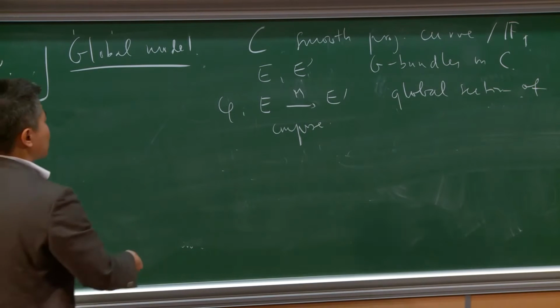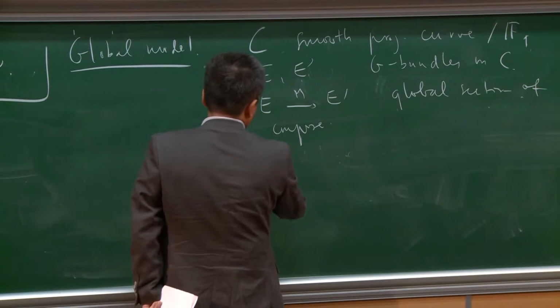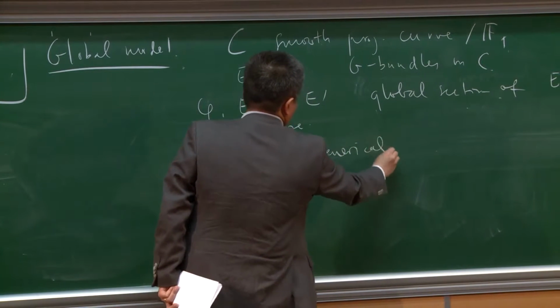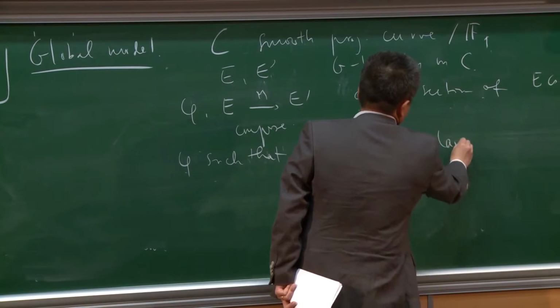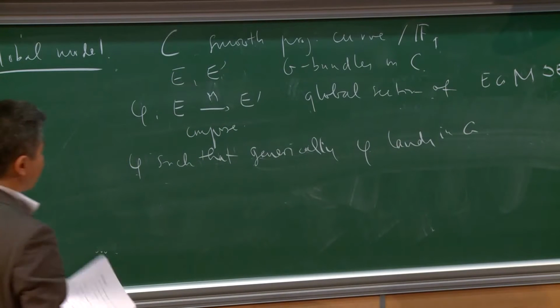And also we should look at phi such that generically phi lands in G. That means generically it's an isomorphism of bundles.